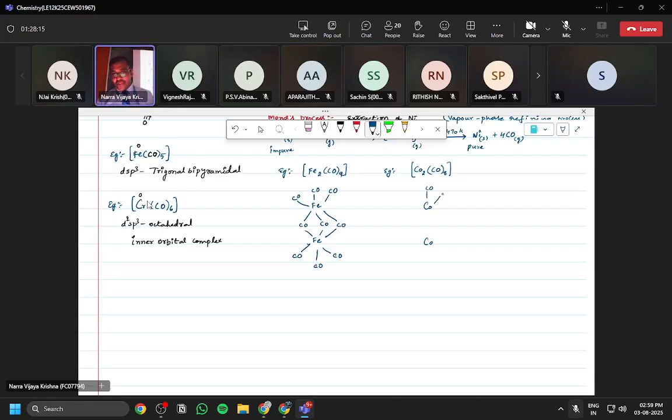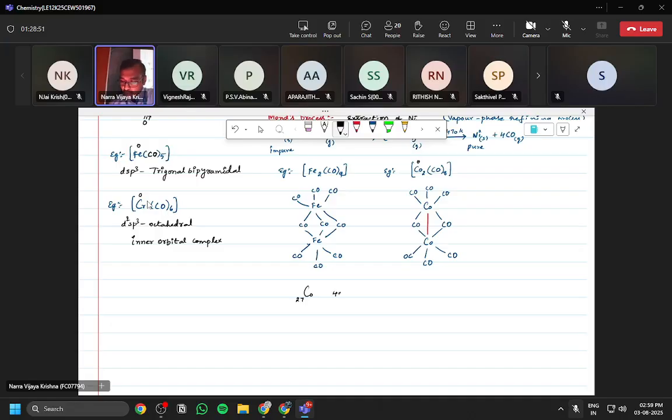Carbon monoxide. Two carbon monoxides act as bridges. There is one metal-metal bond between cobalt and cobalt. How do you predict the existence of a bond between cobalt and cobalt? Here cobalt oxidation number is 0.